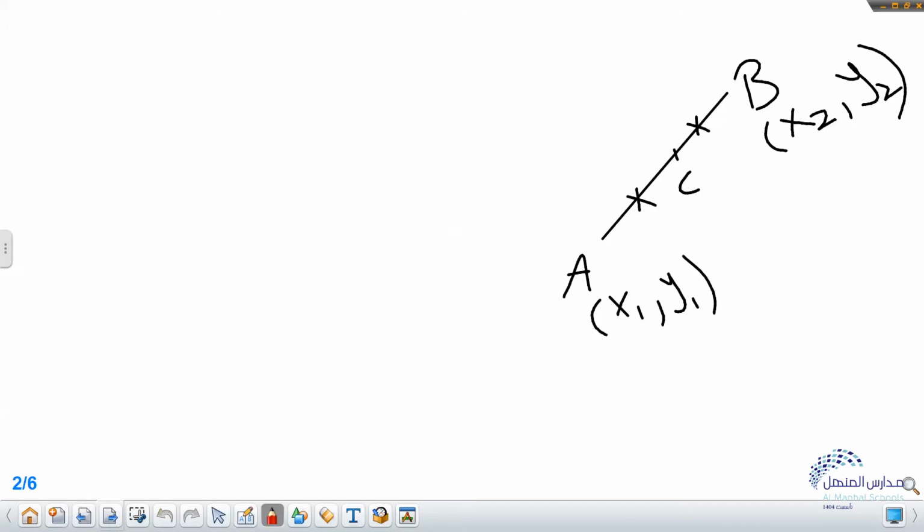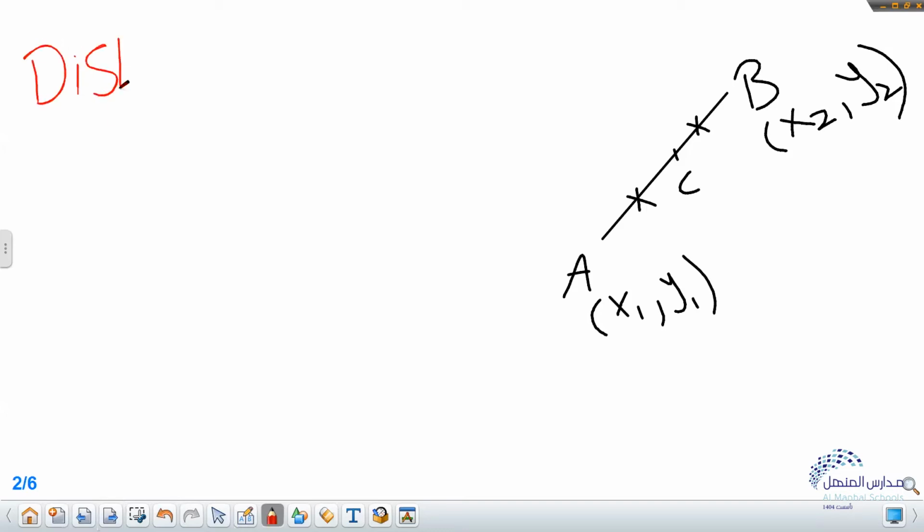For example, if you have a line segment AB and point C, which is the midpoint of AB, and the coordinates of A are x1 and y1, but the coordinates of B are x2 and y2. You studied three important rules.